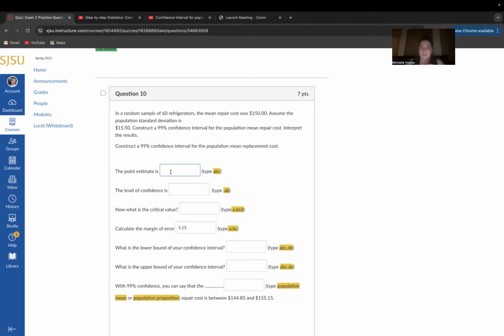What is the point estimate and the level of confidence? So the point estimate should be the 150, after looking at my notes here, and the level of confidence is 99%, so it's 0.99.